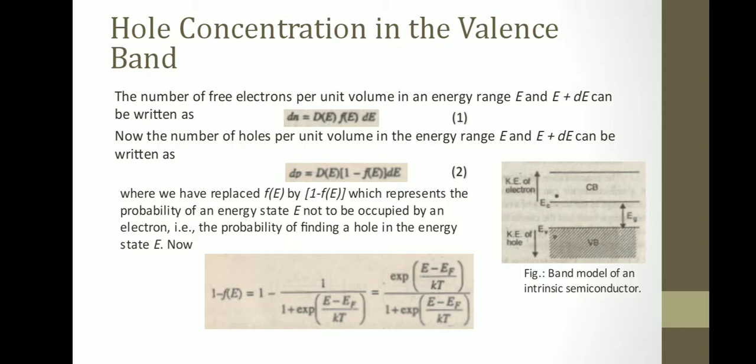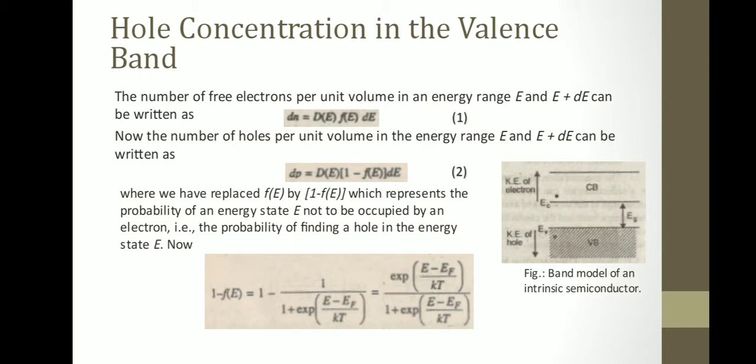If we consider total concentration as 1, then subtracting F of E, the concentration of the electrons, from the total, we can find the concentration of the holes: 1 minus F of E for the holes multiplied by D of E, where we have replaced F of E by 1 minus F of E, which represents the probability of an energy state E not being occupied by an electron. That is the probability of finding a hole in the state E.